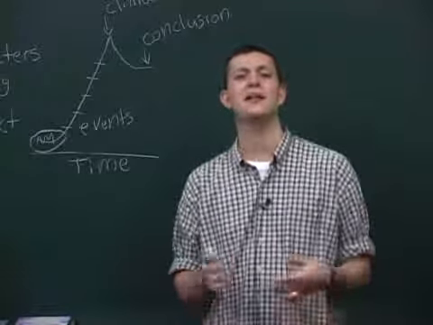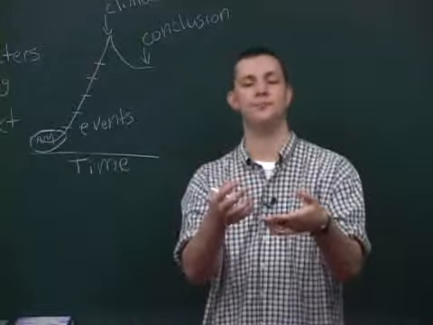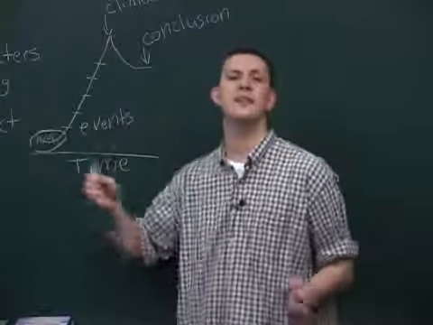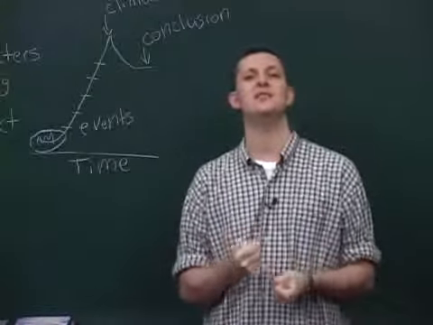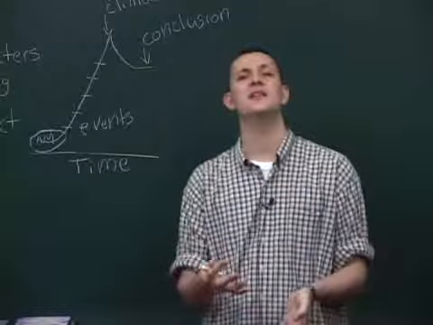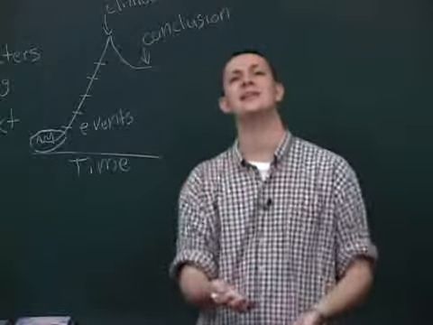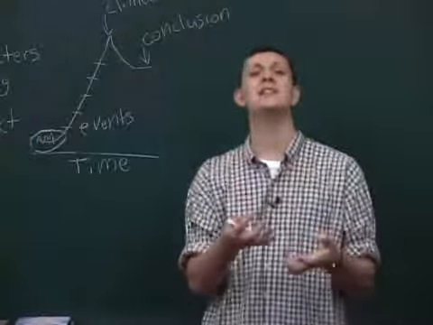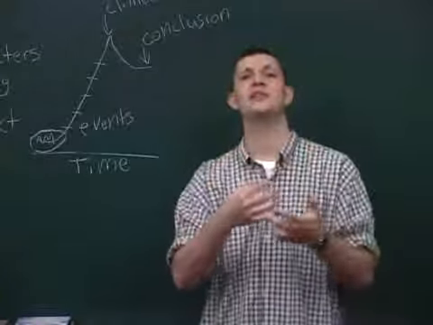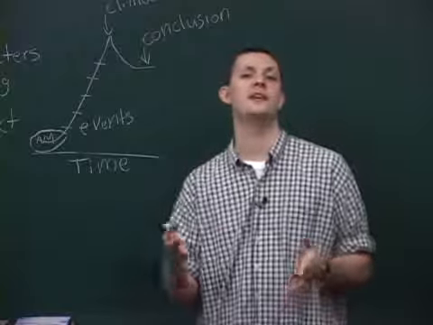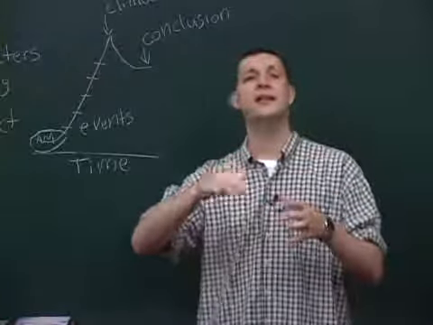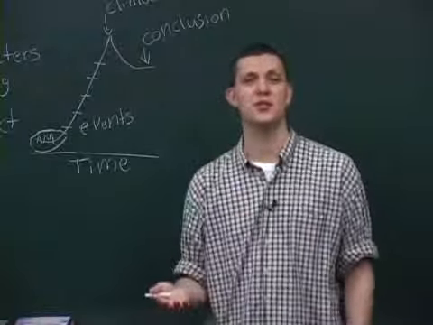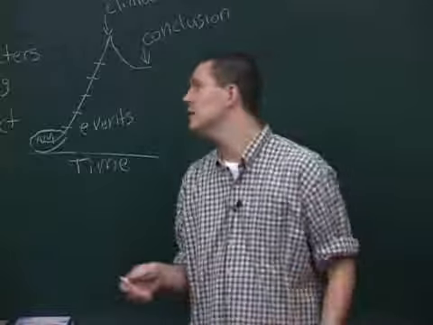Why can't the character get to his goal? The conflict is really the basis of the story. What is the conflict? Why can't the character reach his goal? Basically the story is how the character overcomes the conflict, or how he can beat the conflict to reach his goal, or possibly he can't.